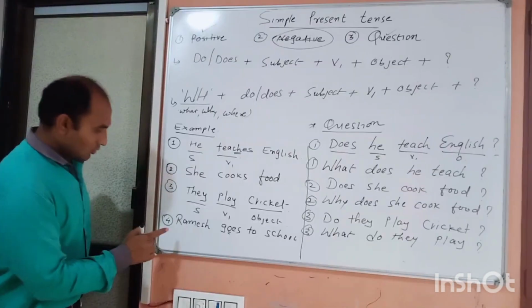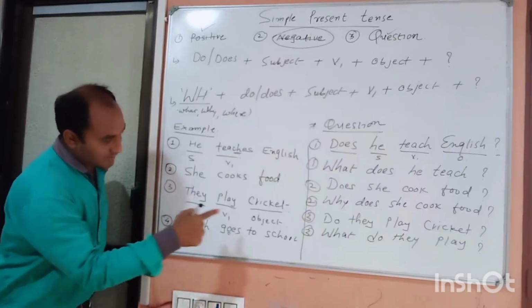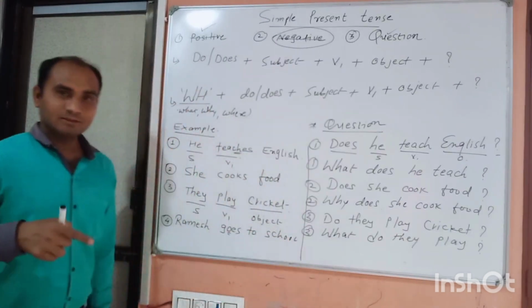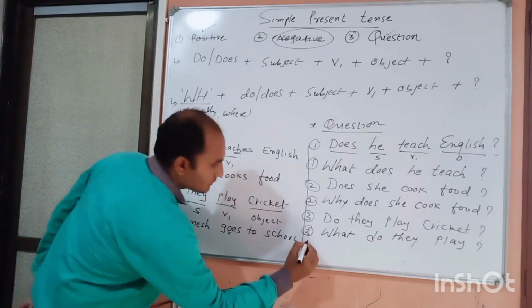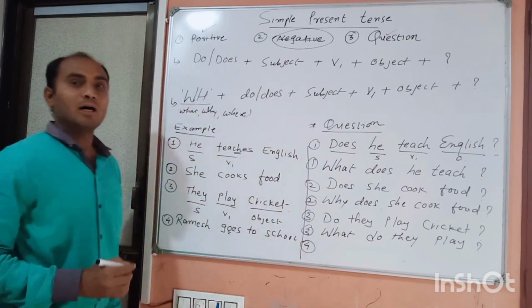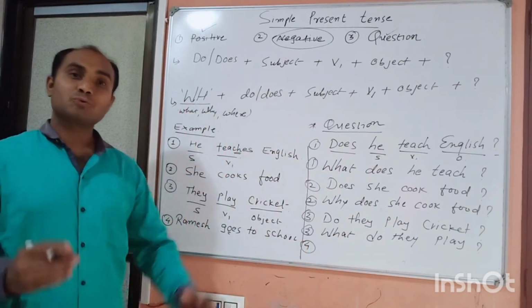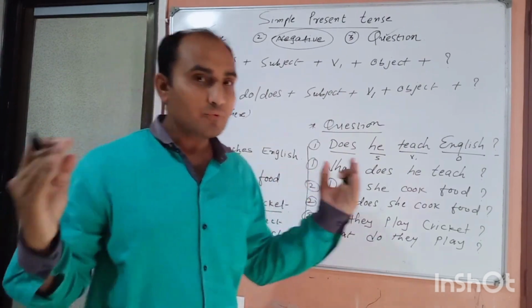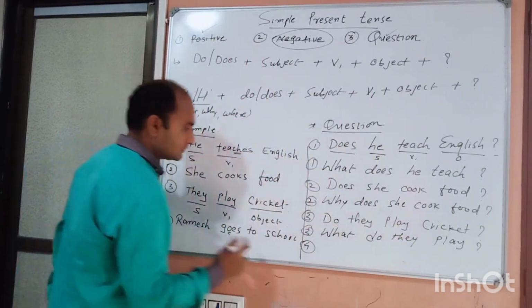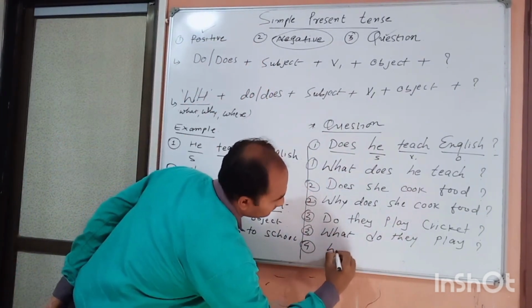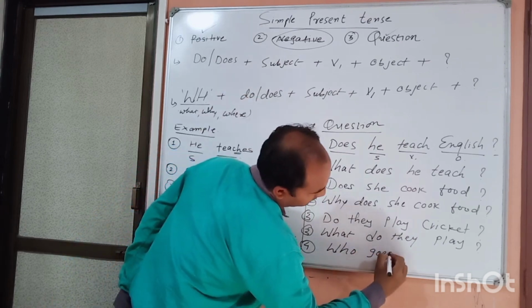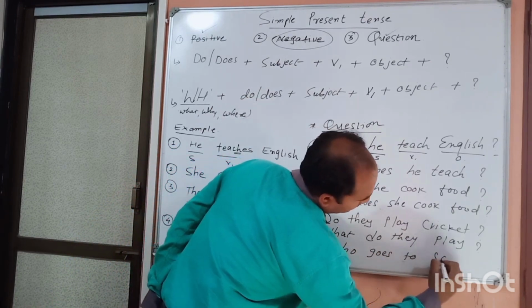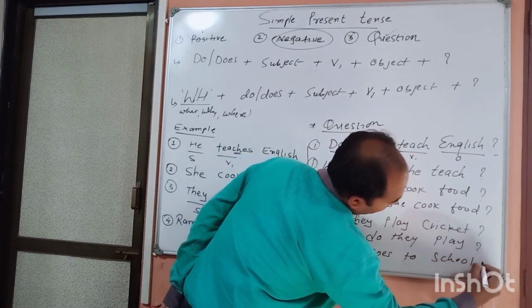Now, according to number 4, Ramesh goes to school. Suppose we have to ask about WHO. So who? It is a different structure. That means who goes to school?